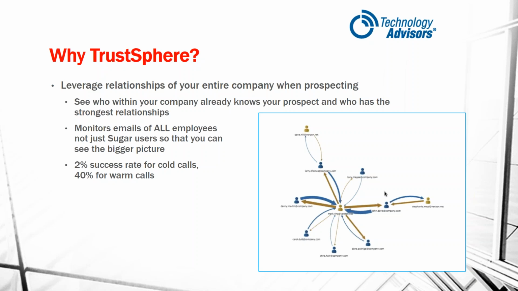Say someone is emailing someone at one of your prospects for golf games, and they're not recording that data to CRM. You could still see that they know someone there and ask about getting a warm introduction. And the stats show that there's a 2% success rate for cold calls versus a 40% success rate for warm calls.